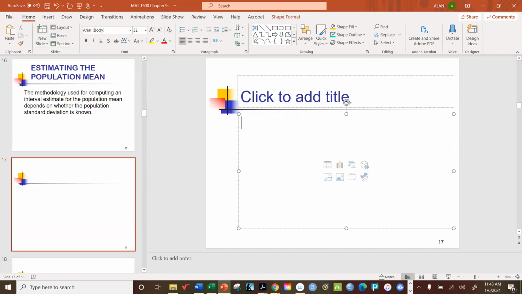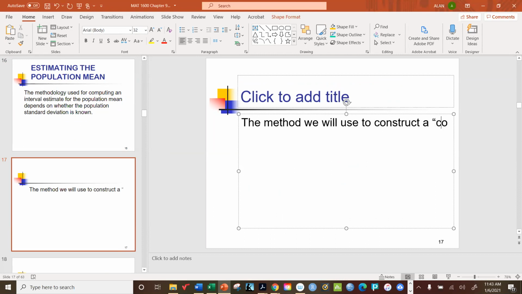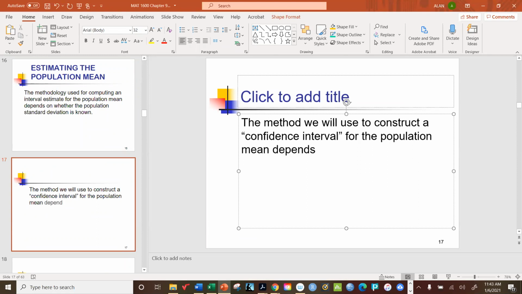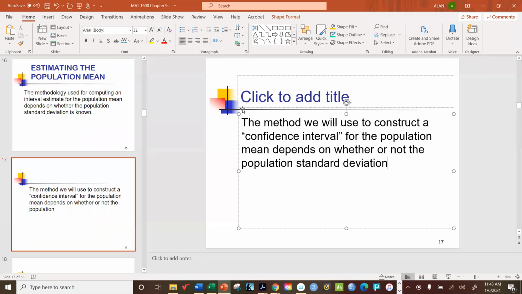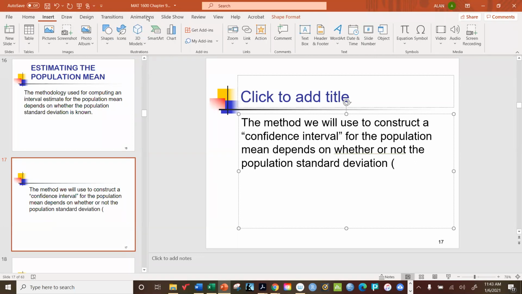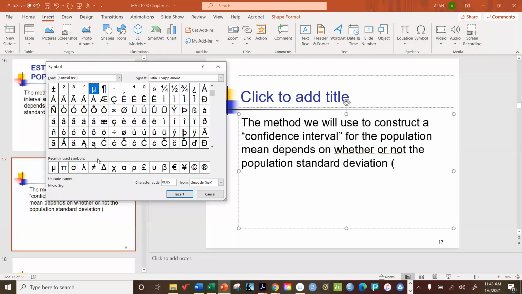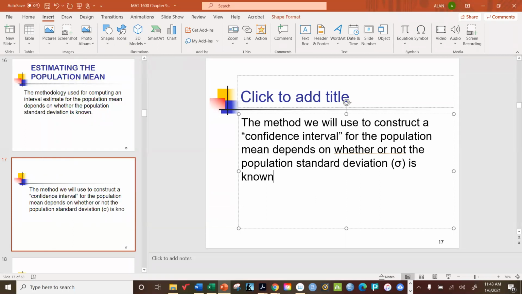The method we will use to construct what we're going to call a confidence interval for the population mean depends on whether or not the population standard deviation, sigma, is known.